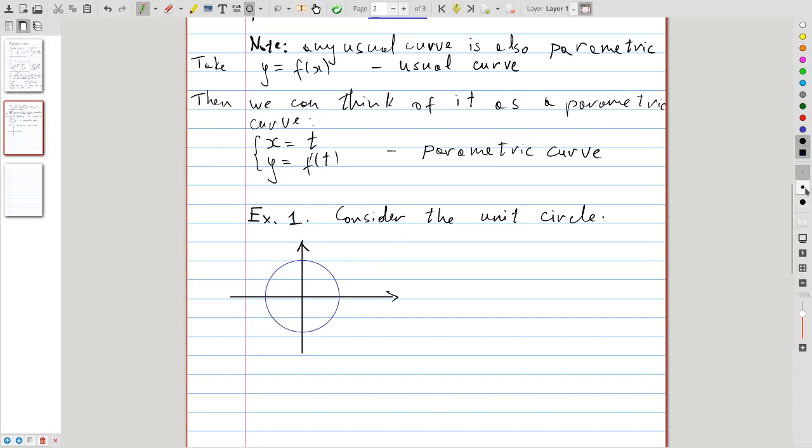So we know that for a point that corresponds to the angle, say t, right?